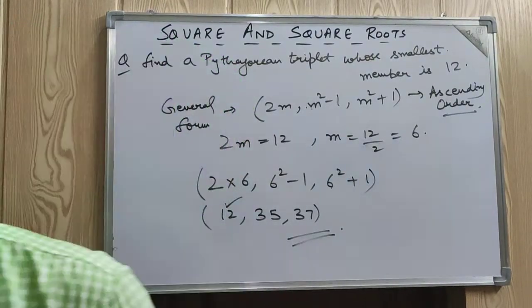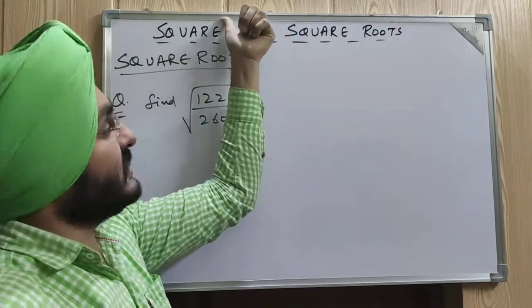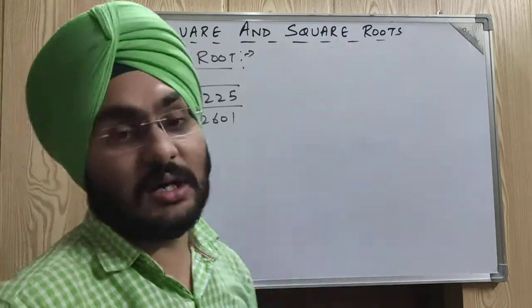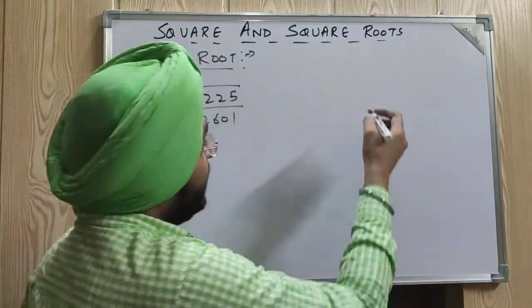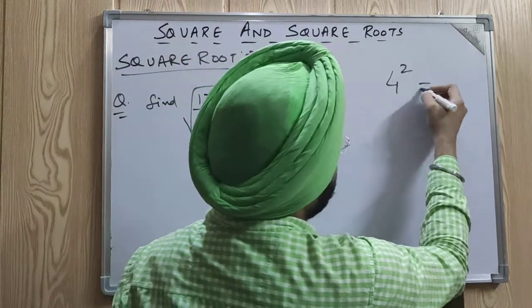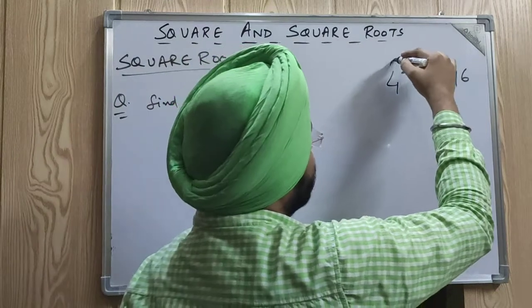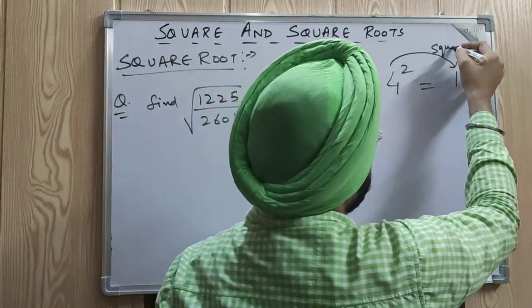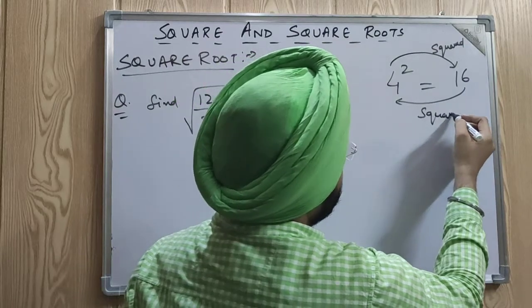Coming to the next. Our next chapter is squares and square roots. We have discussed squares, and now we'll be discussing square roots. So what do you mean by square root? If I take the number 4, 4 square will be 16. So I can write 4 squared is 16 and the square root of 16 will be 4.